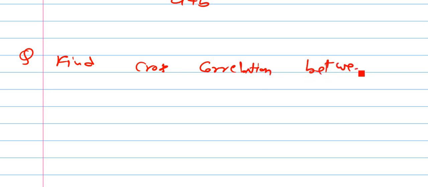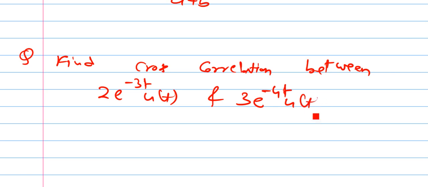So let's look at some questions. Find cross correlation between 2 e raised to minus 3t u of t and 3 e raised to power minus 4t u of t. So these 2 and 3 are constants, so that will be the product 6.